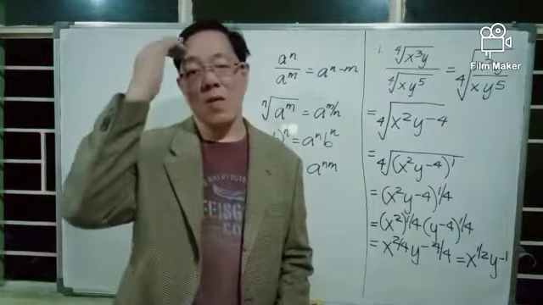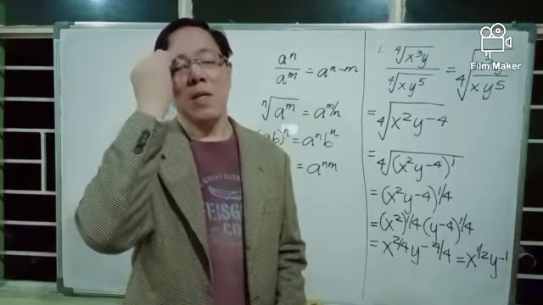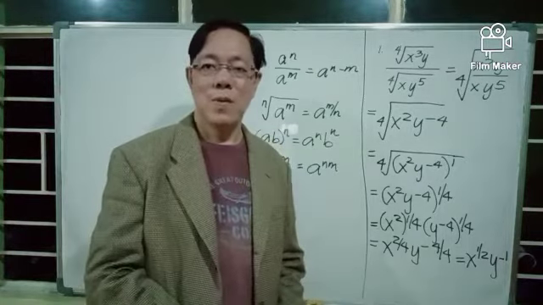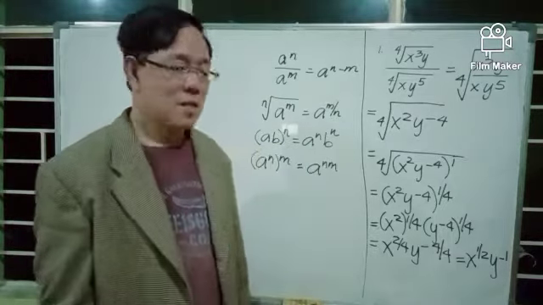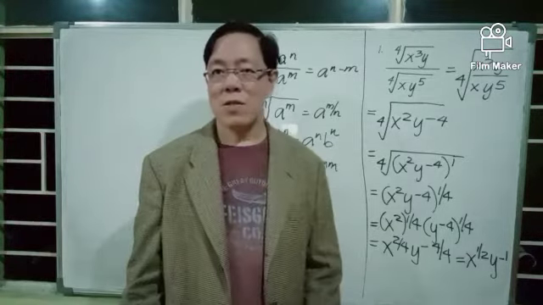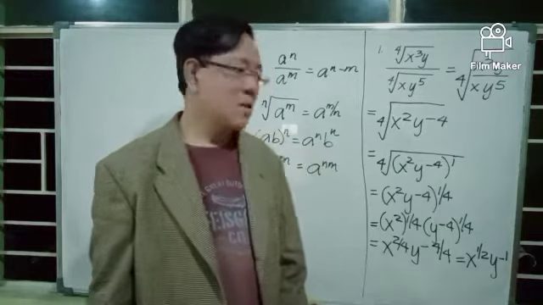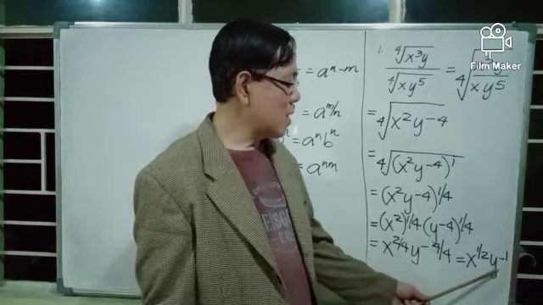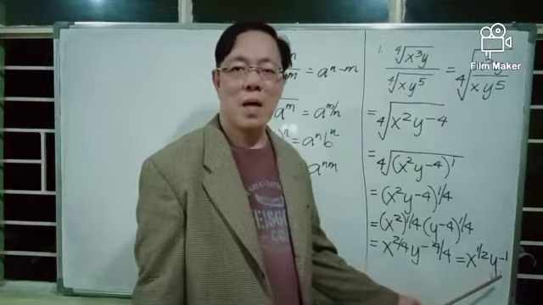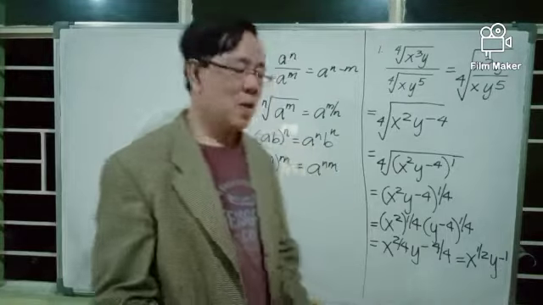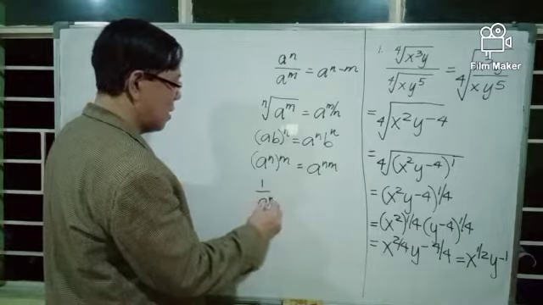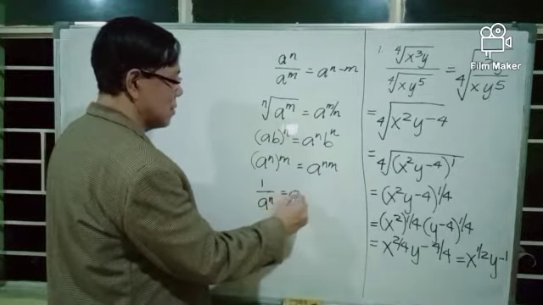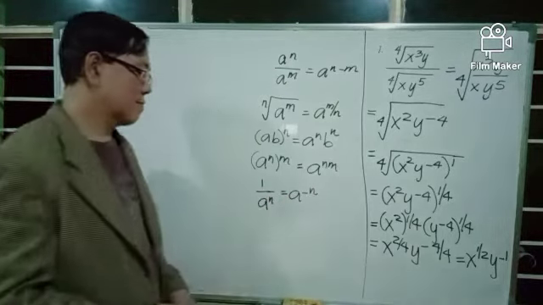Now, it is customary that we get rid of negative exponents in the final answer. Or the final answer should not contain negative exponents. Hence, to remove the negative exponent of y, we apply another property of exponent that says 1/a to the power n is equal to a to the minus n.